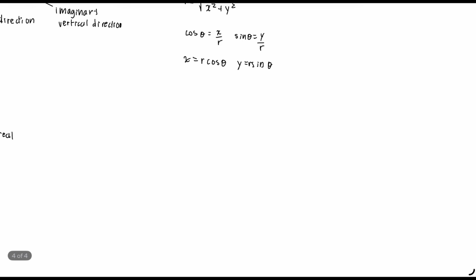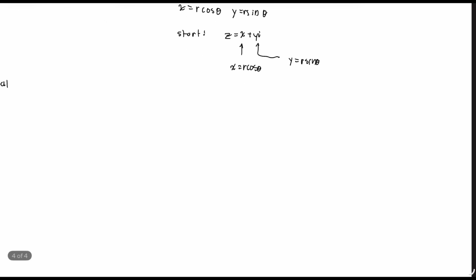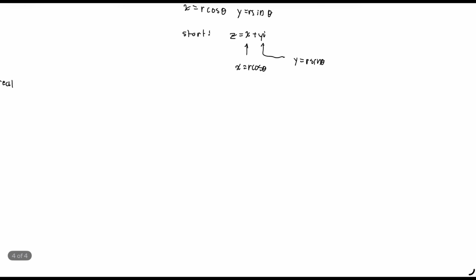Now, to get the polar form of a complex number, you start with z equals x plus yi. You substitute x with r cosine theta, and you substitute y with r sine theta.